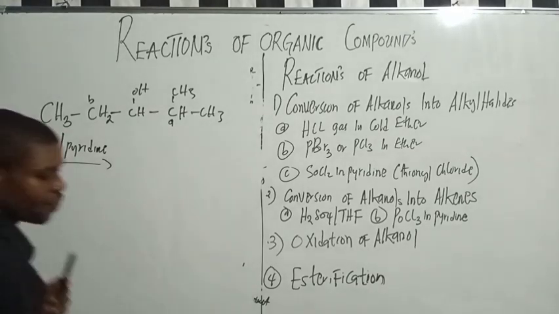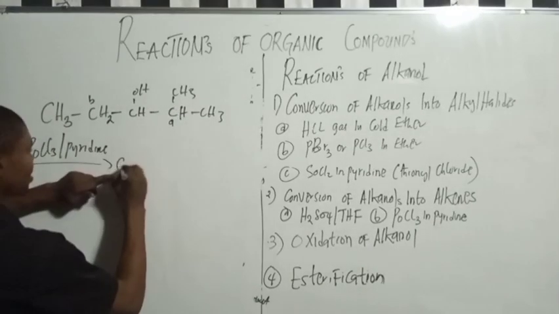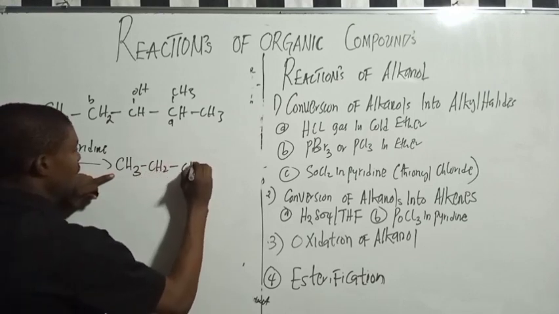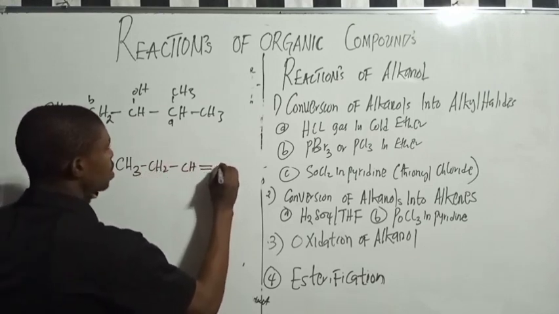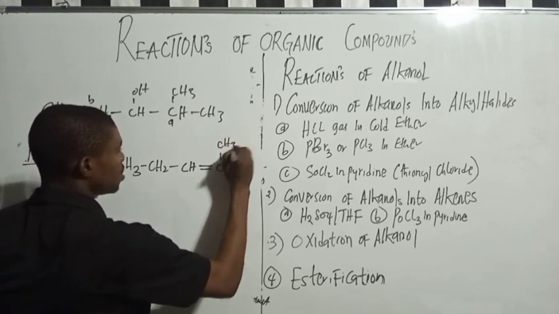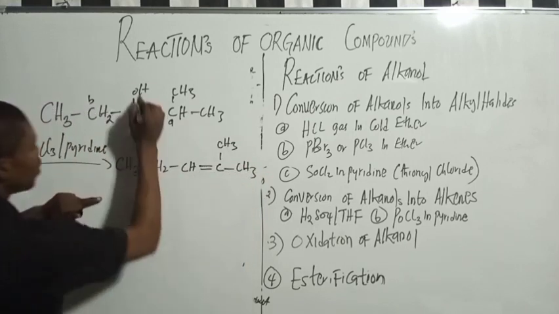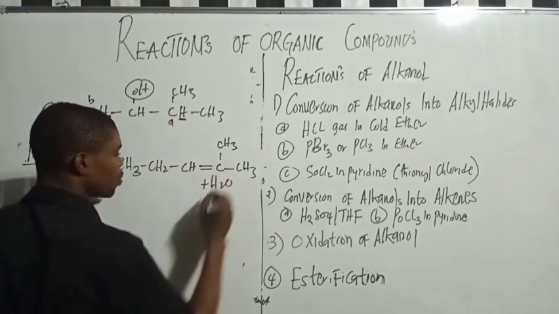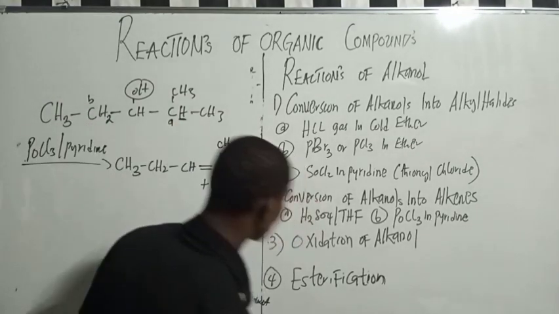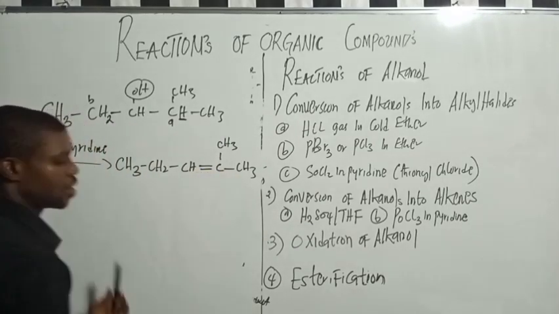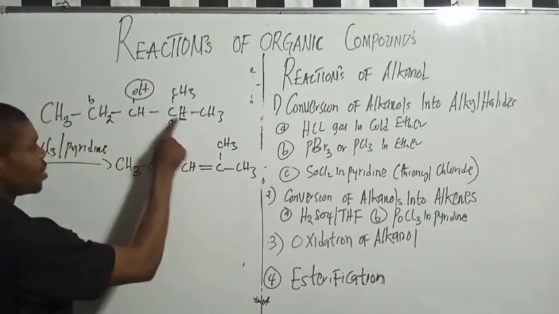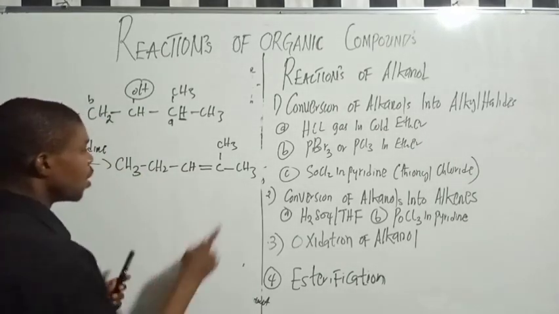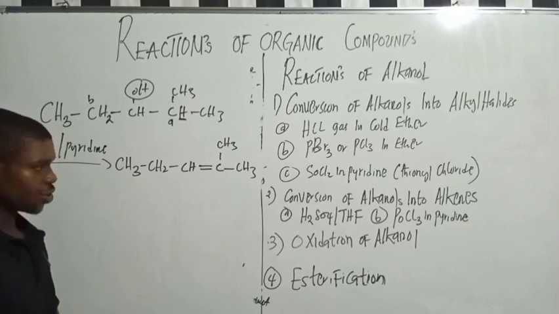When you remove hydrogen from this point here, you have CH3, CH2, CH, double bond, then CH3, CH3. The OH and this hydrogen have gone out to form H2O. But the H2O is not that important. You remove OH and hydrogen to form H2O, which is always formed at the end of the reaction.